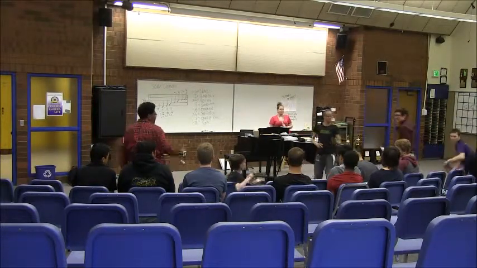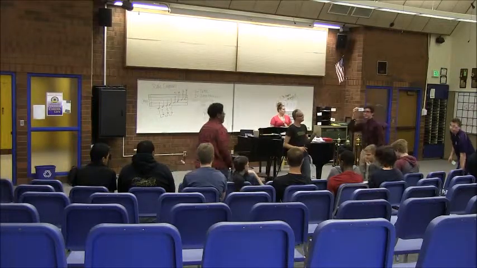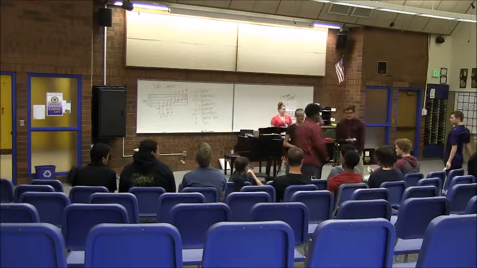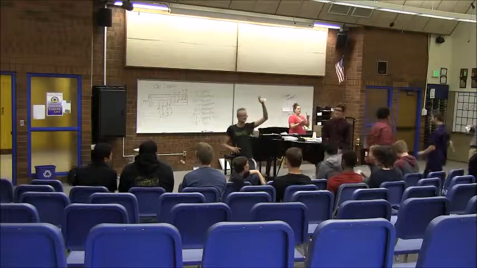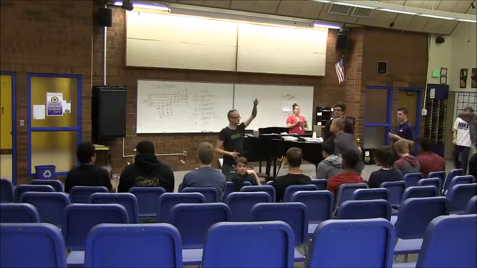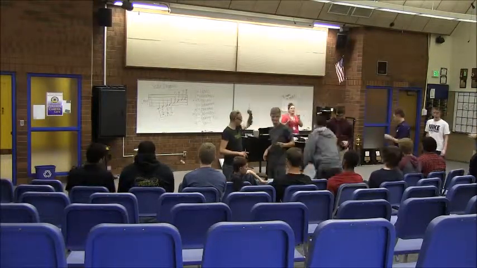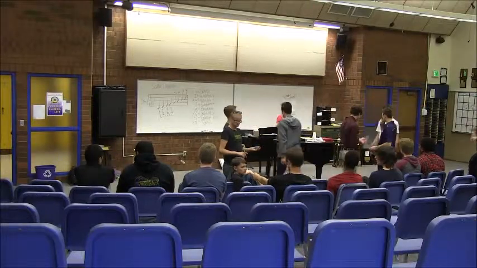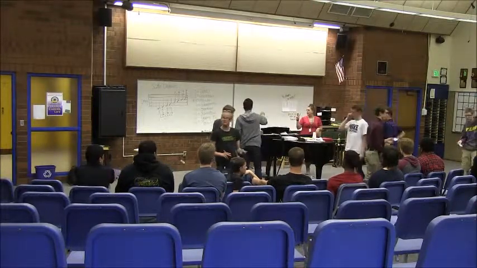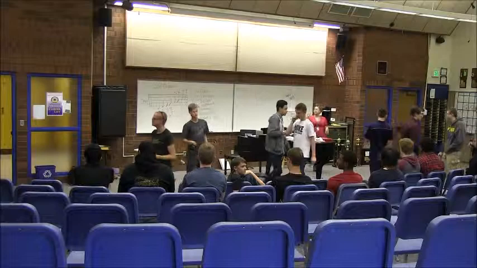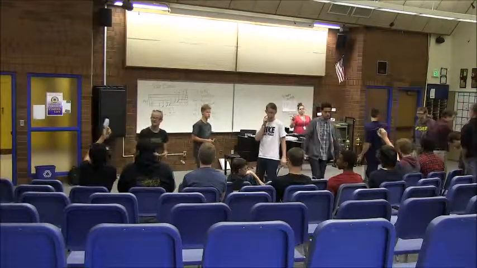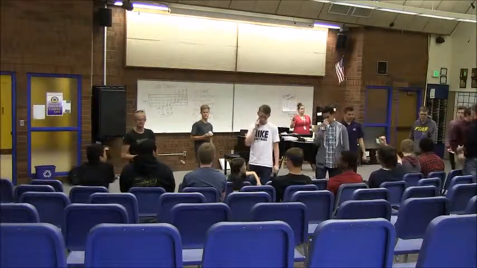Who's tonic? So you need to have the number with the note and the name. So for example, you're going to have a C with a 1 and a tonic. Who has number 2?